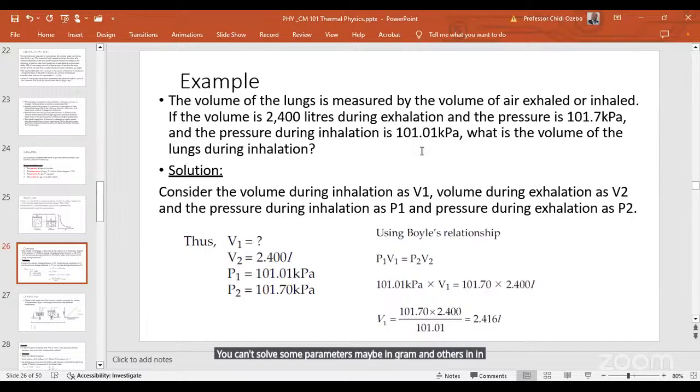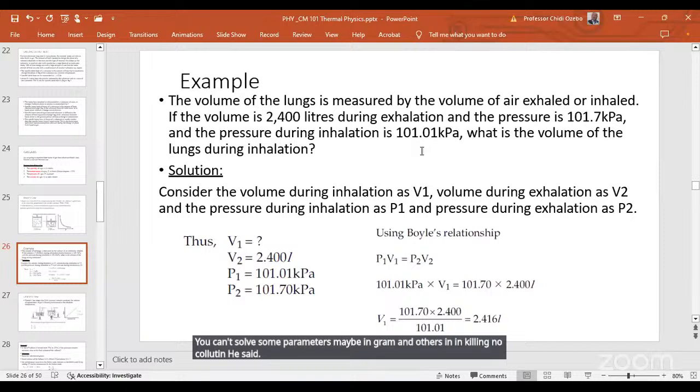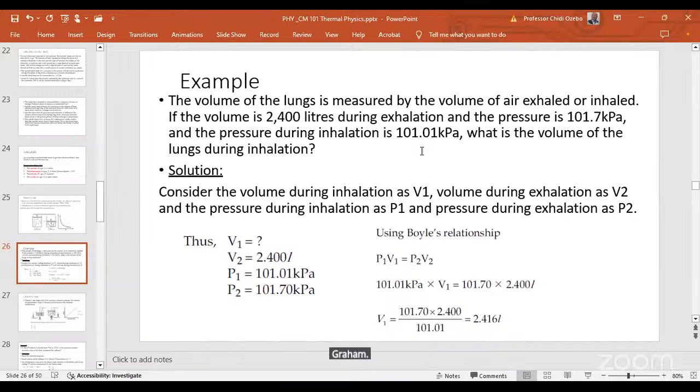It's either all of them are the same unit, kilogram, newton, or meter. If they are in cm, you convert so that every other thing will be in SI unit. So why are you asking at this level whether you have to convert? You have to convert if need be.